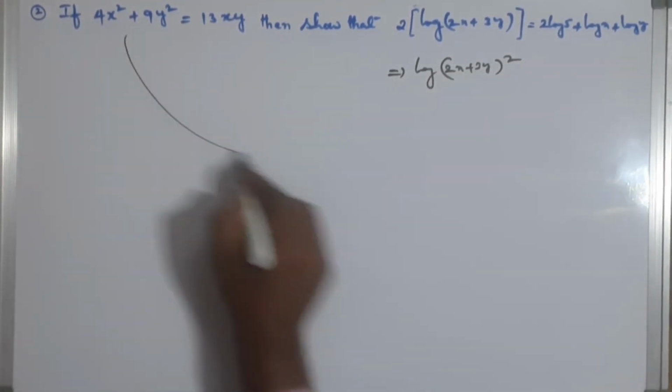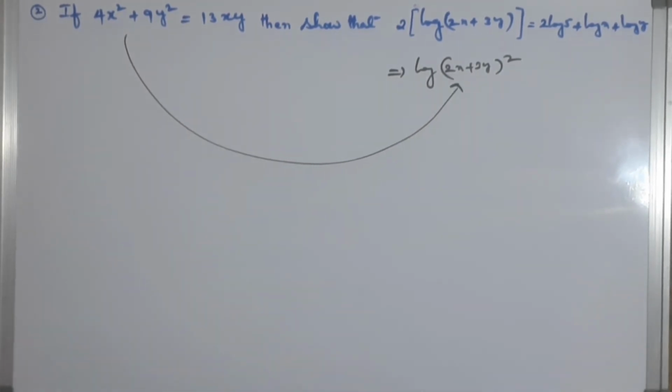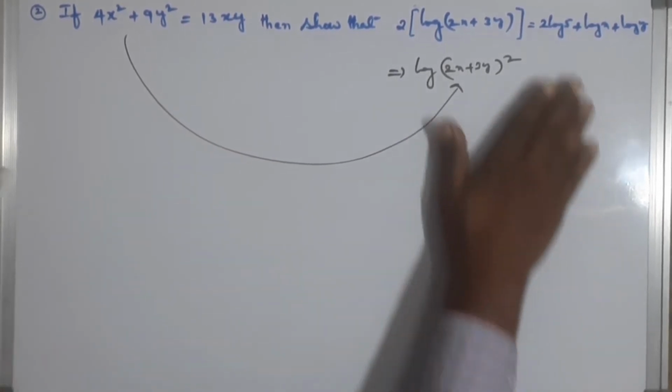So this has to be in the form of (a plus b) whole square. How is it possible? Simply by adding 2ab on both sides. First of all, what is a, what is b?